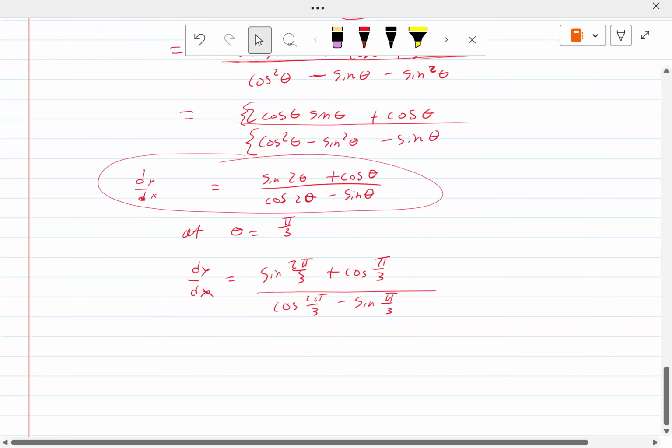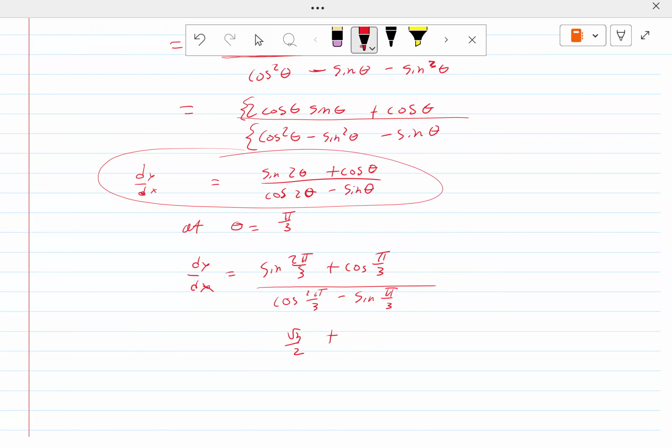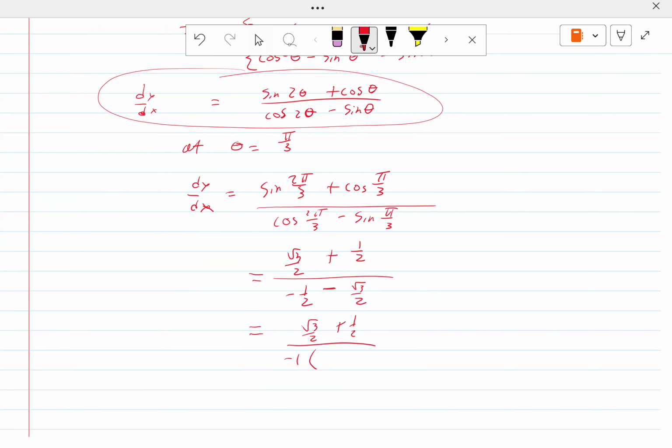So the sine of 2 pi over 3 is radical 3 over 2. The cosine of pi over 3 is 1/2. The cosine of 2 pi over 3 is negative 1/2. And the sine of pi over 3 is radical 3 over 2. If I factor out a negative on the bottom here, I get radical 3 over 2 plus 1/2 all over negative 1 times 1/2 plus radical 3 over 2.